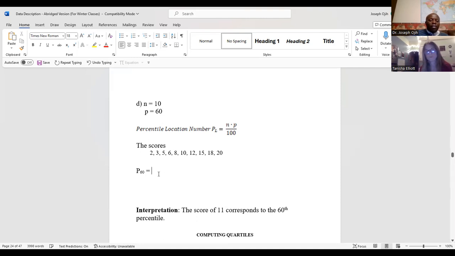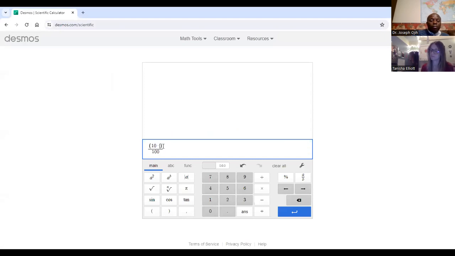So we have N times P over 100, which is 10 times 60 divided by 100, which is 6. Now this is not a decimal number.